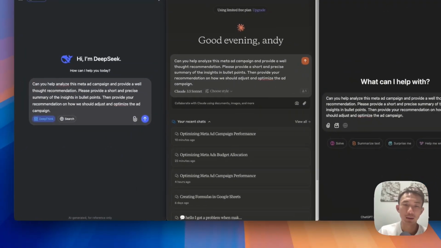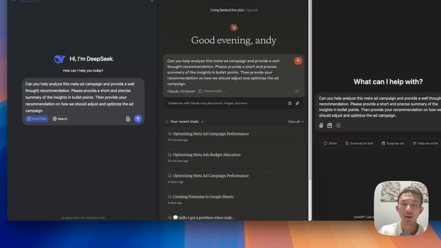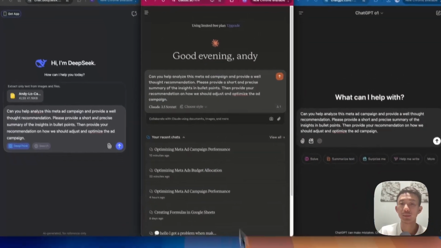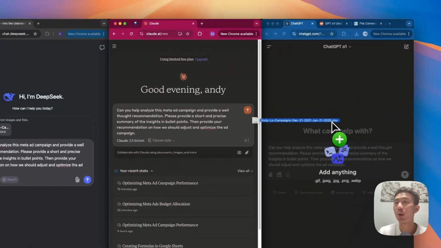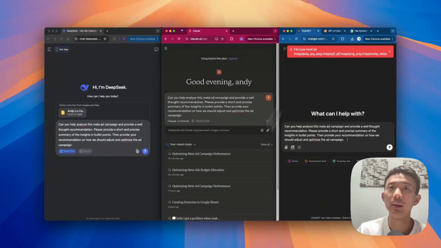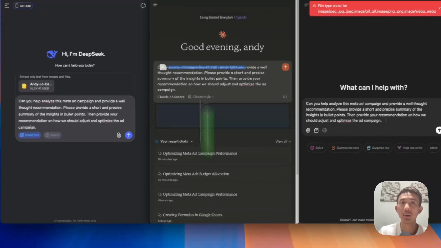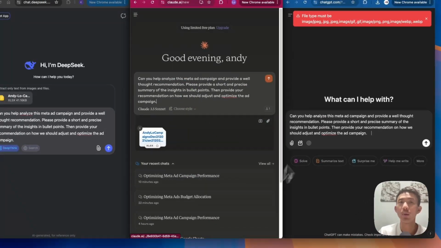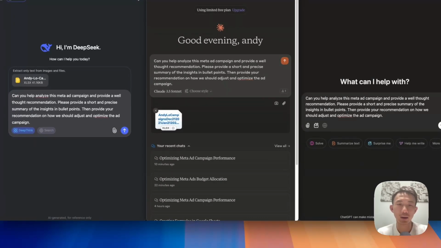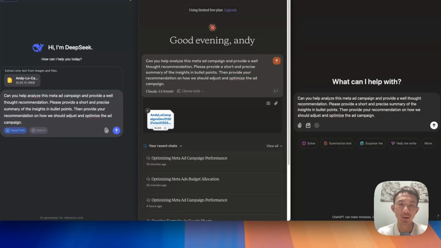We can drag and drop the Excel file here. And for GPT, we cannot upload the documents directly, so we need to copy the data set here.